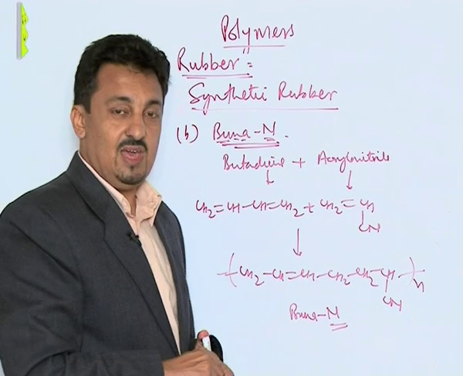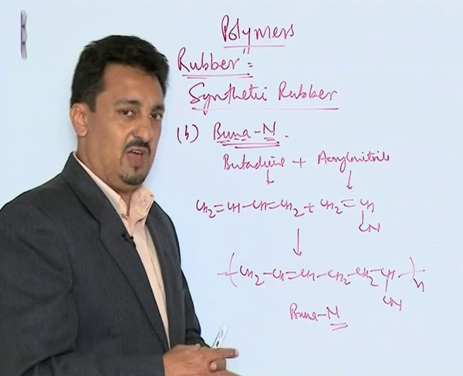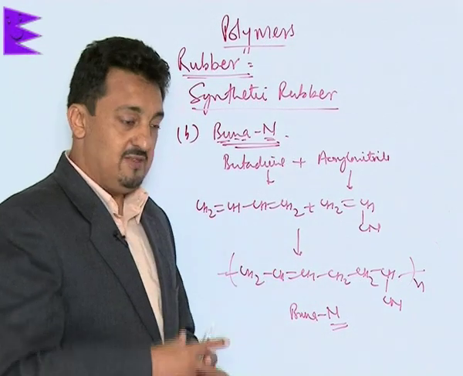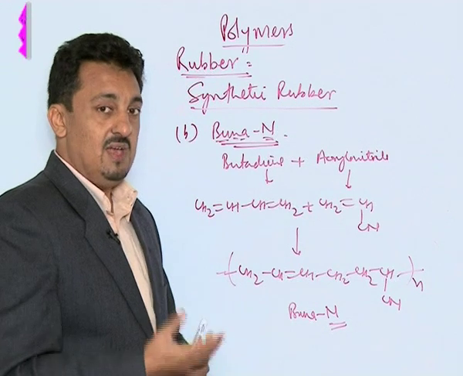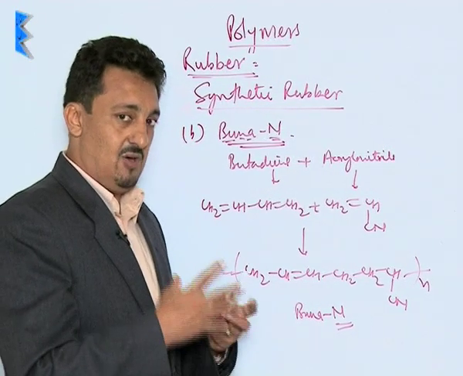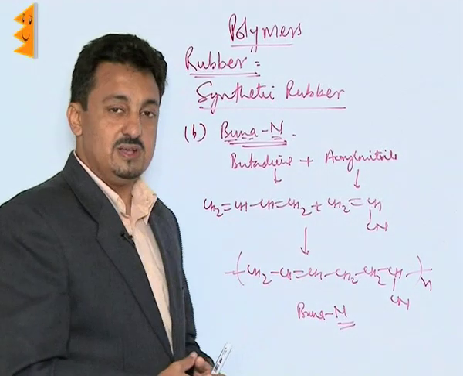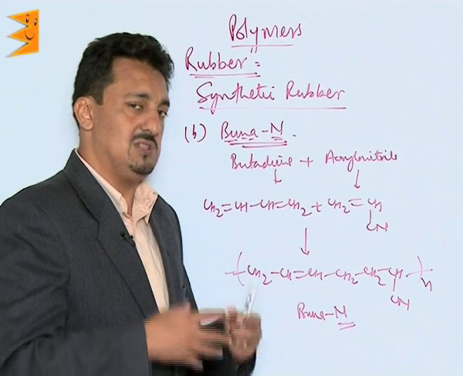Now, this Buna-N is very resistant to organic solvents, to petrol and other hydrocarbons, and that is why it is used in making tank linings and in making oil gaskets and oil seals. So, it is again a very important synthetic rubber which we have developed.